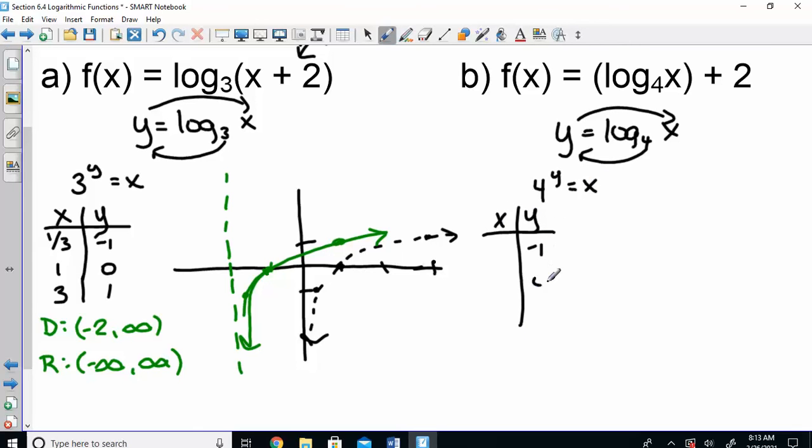Plug in -1, 0, and 1 for your y. -1 gives me 1/4, 0 gives me 1, and 1 gives me 4. So the points are (1/4, -1), (1, 0), (4, 1).